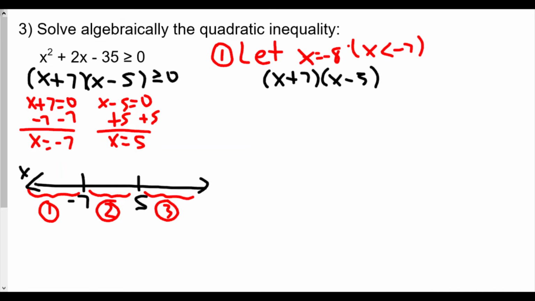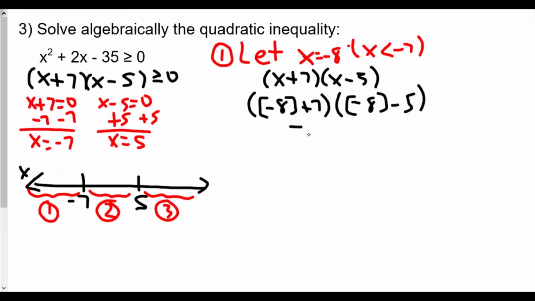So we plug in, and we get, in this case, parenthesis -8 plus 7, bracket, -8 minus 5. Here, -8 plus 7 gives us -1. I don't really care about the number, just the sign result.